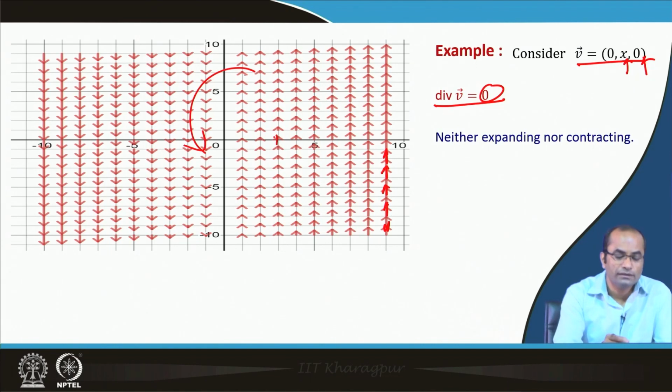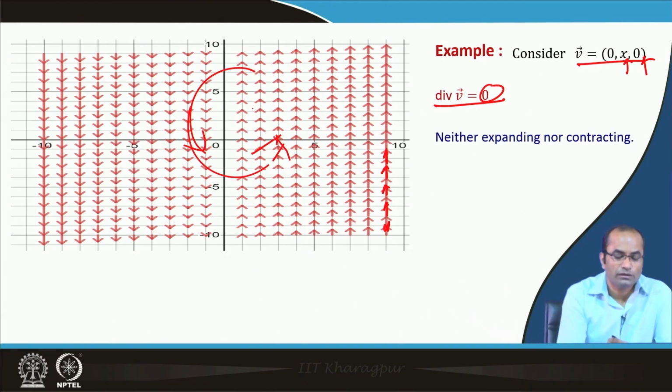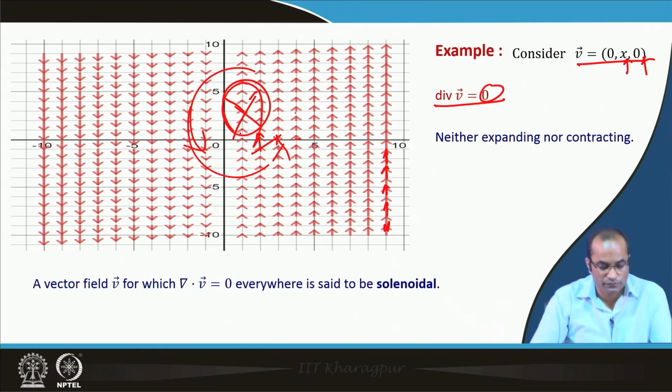So there is a clear tendency of the fluid to rotate. If you place some object in this fluid, because the magnitude on this side is more than this side, there will be a rotation of this object. That is what we will see next.